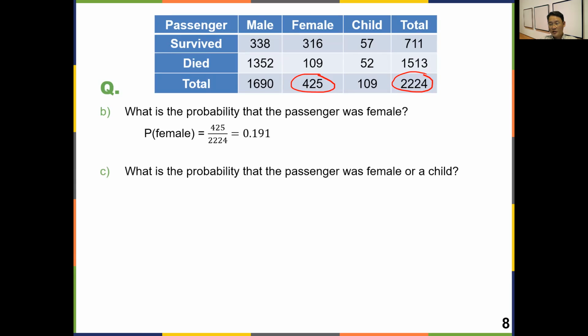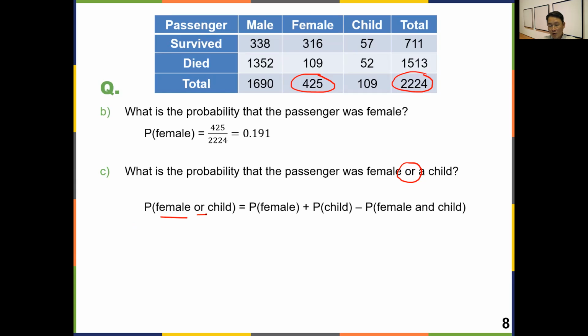What's the probability the passenger was a female or a child? See that linking word, "or"? Was it multiplication or addition? Yes, it's addition. So, addition question. Female or child.